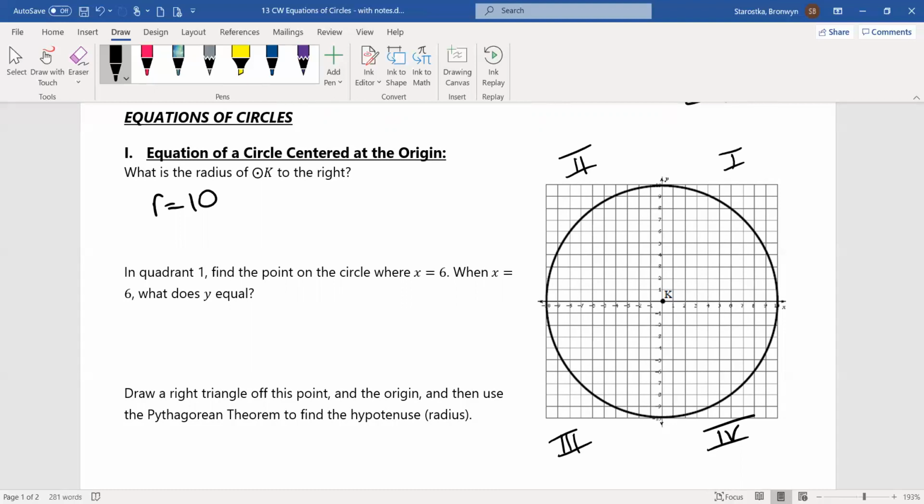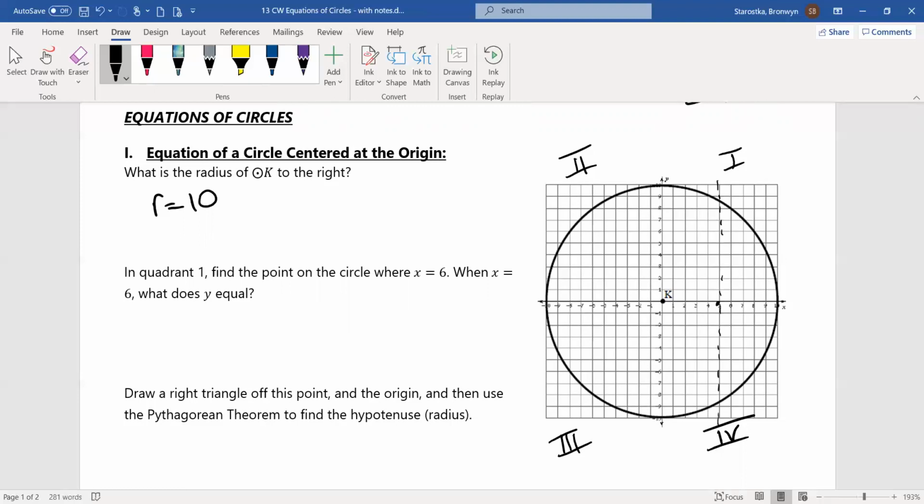Well, let's see, here's x equals 6 right here. So when the line x equals 6, what does y equal? Well, in quadrant 1, when x equals, oops, hold on. I did x equals 5.